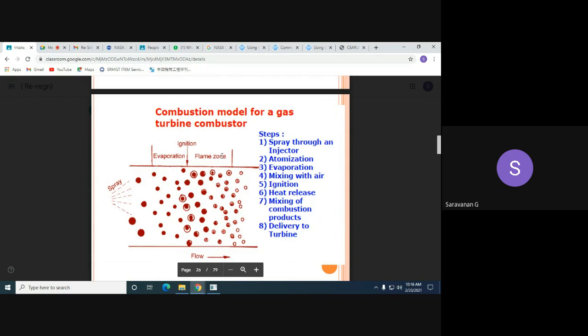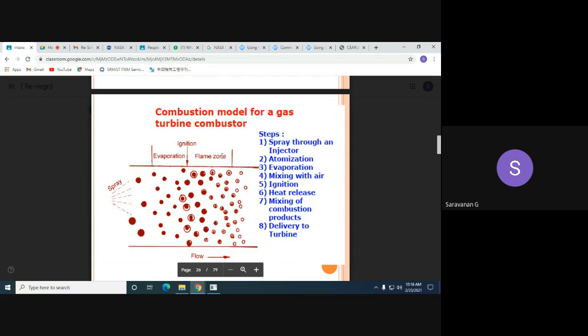The splitting of large droplets into small droplets is known as atomization. So it is meant for atomizing, not only injecting the fuel along with the oxidizer. That is the first step: spray, injection and atomization.